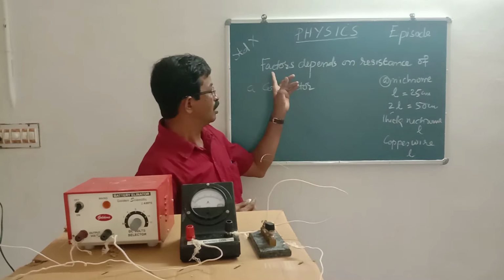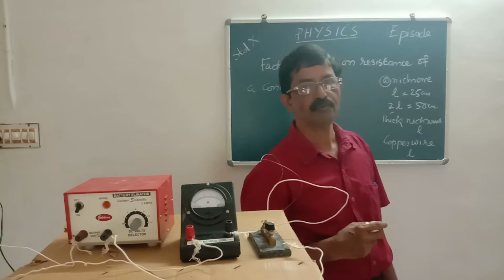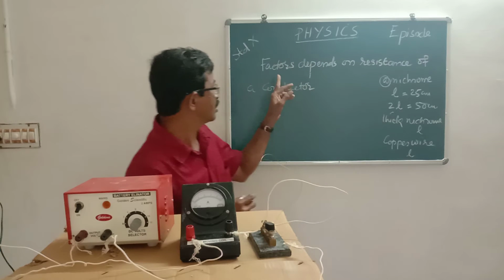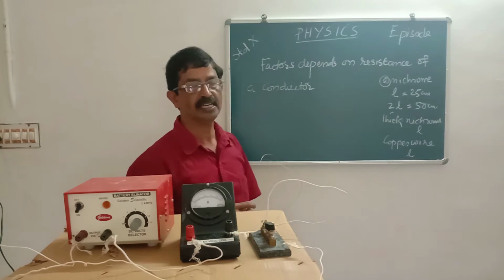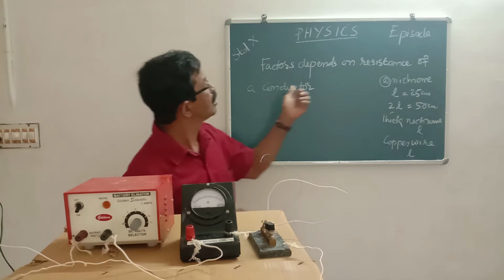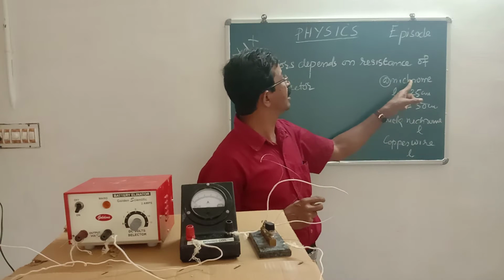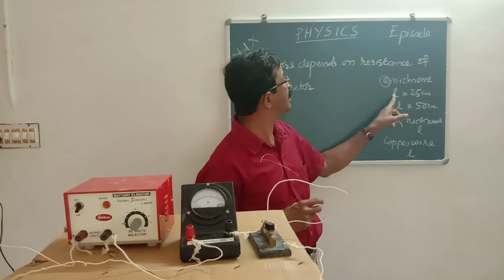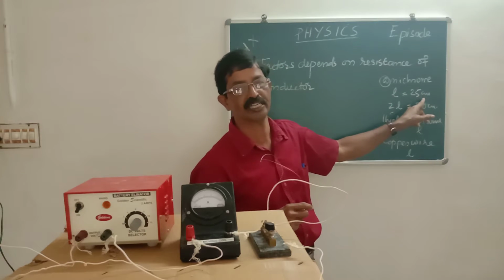We want to find the factors that the resistance of a conductor depends on. For that, we require these materials. A nichrome wire of length L, which we take as 25 centimeter.